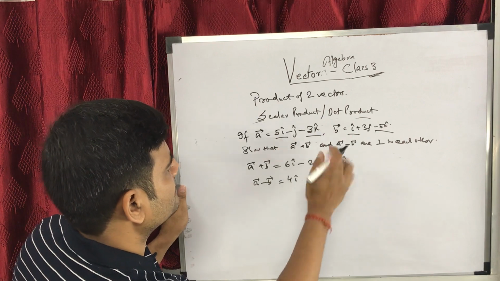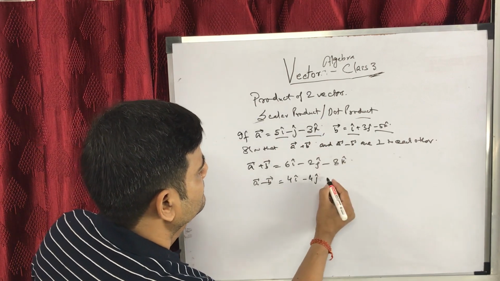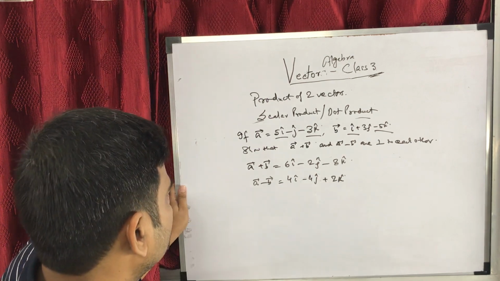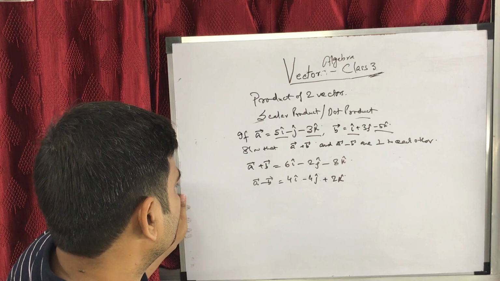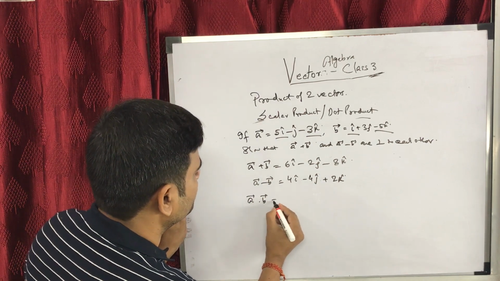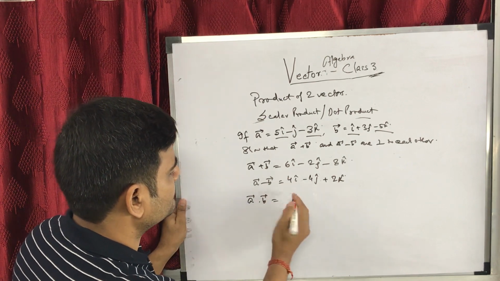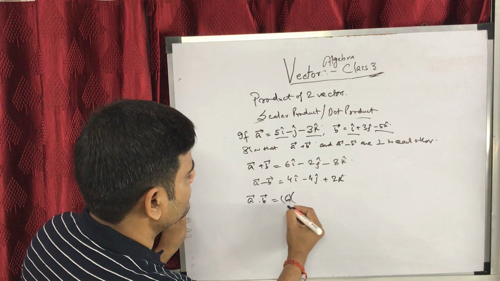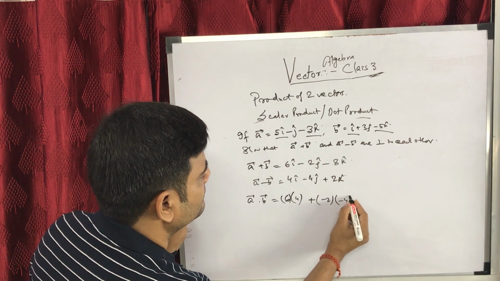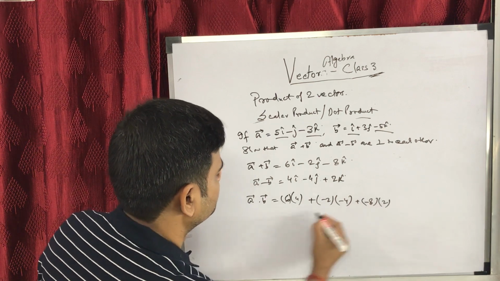So minus 1 minus 3 is minus 4 j cap, minus 3 minus 2 plus 2 k cap. Now they are perpendicular to each other, so let's take the dot product. Perpendicular means you have to show this as 0. So do it simply: 6 into 4 plus minus 2 into minus 4 plus minus 8 into 2.